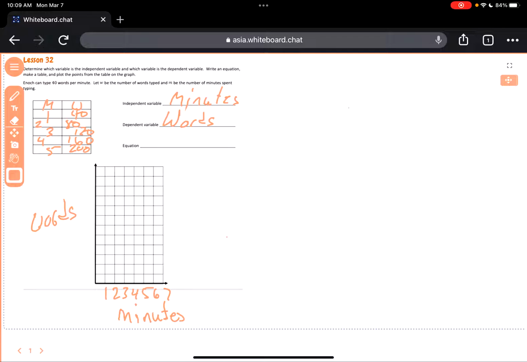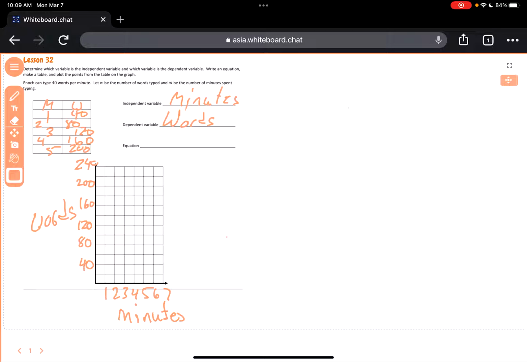I'm going to go ahead and make each block probably 20. Okay, each block 20 up through here. So this would be 40, 80, 120, 160, 200, and we'll just do 240. That's as far as we'll go.